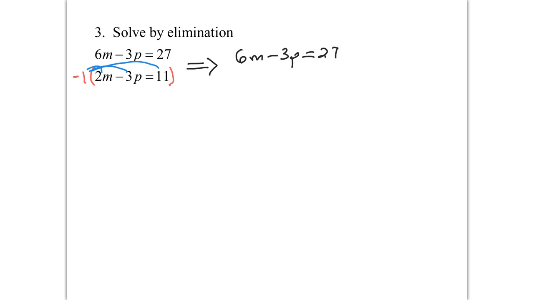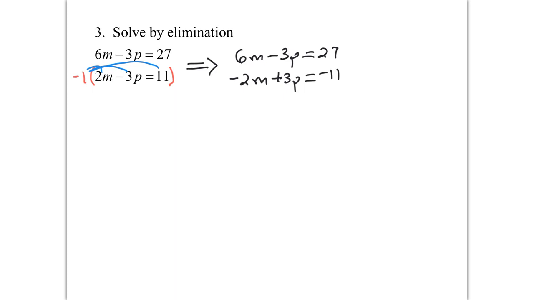So the 2m becomes a negative 2m, minus 3p becomes a positive 3p, and 11 becomes a negative 11. The 1 will not change the number, because you multiply anything by 1 and it's going to be itself. Hey, guess what? The p's have the same coefficient and different signs. So that negative 1 helps you change the sign.